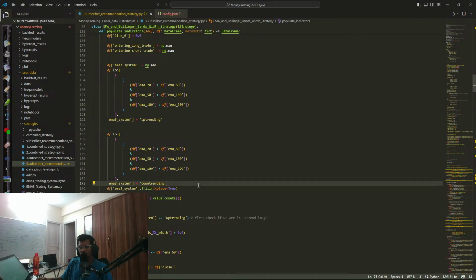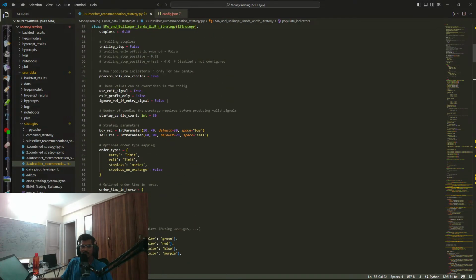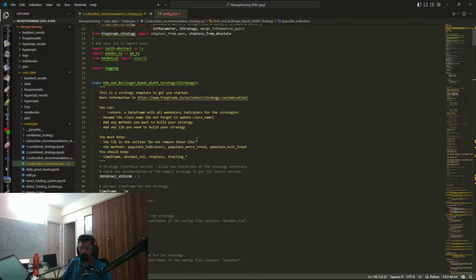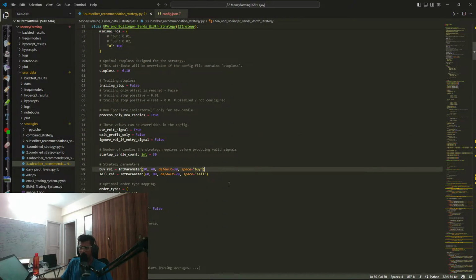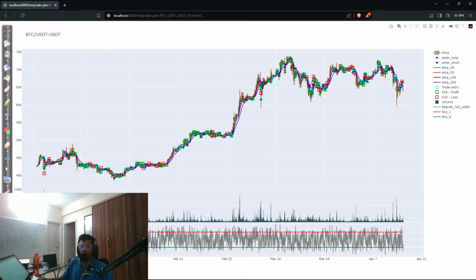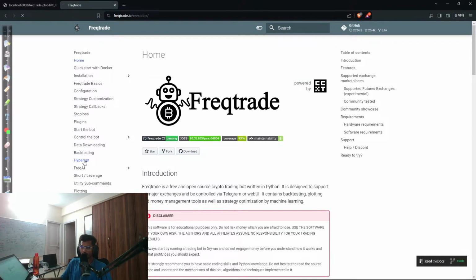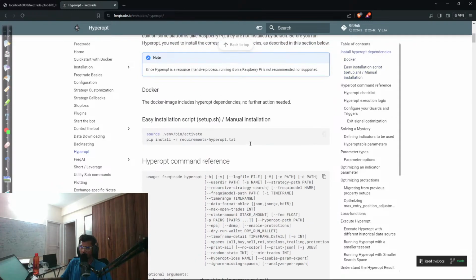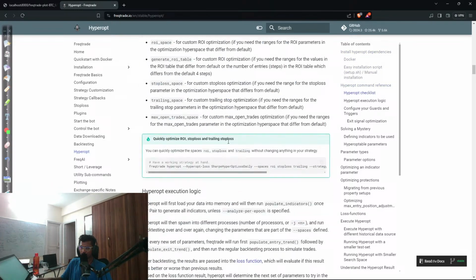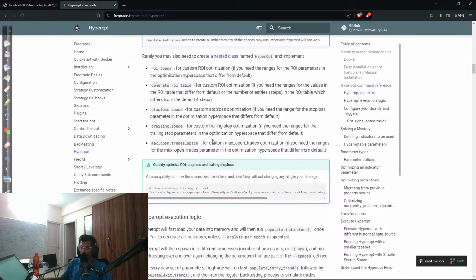That's what I'm going to do here now. I just want to show you because Philip, I think, requested the optimization, so I'm going to do it. See here, there you have all these parameters. We're going to get the parameter from Freqtrade. So here, hyperopt, go to hyperopt. Let's see what different kinds of parameters we have.